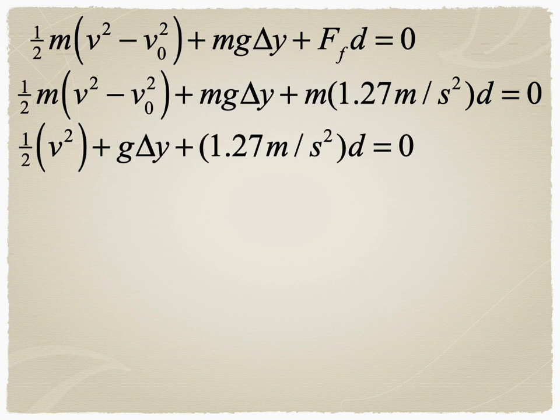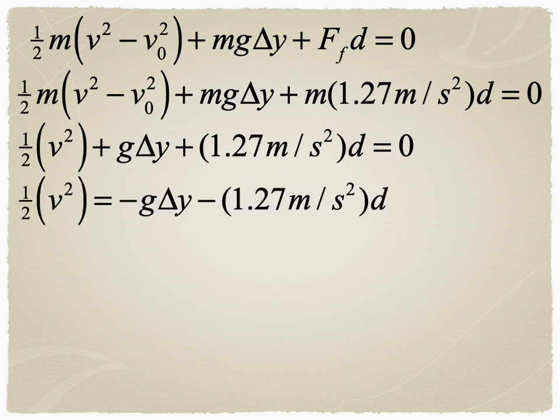At this point, we want to gradually start rearranging to get v squared on its own. So I'd move the other two terms to the other side. We then want to get rid of the 1/2 in front of the v squared, so I'd multiply every term by 2.